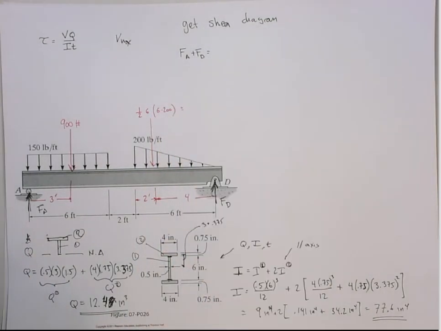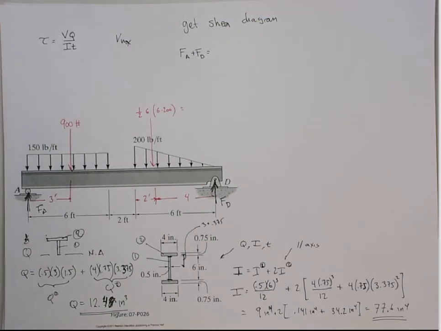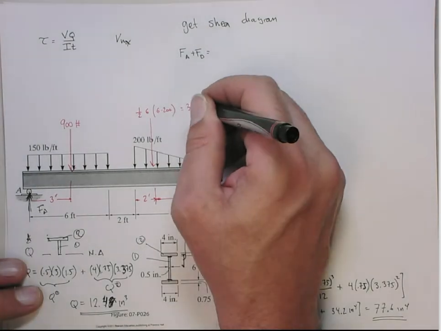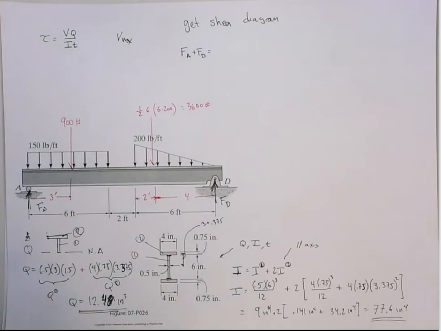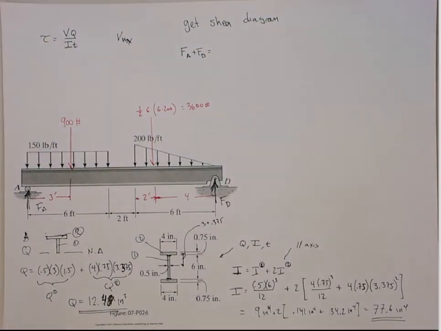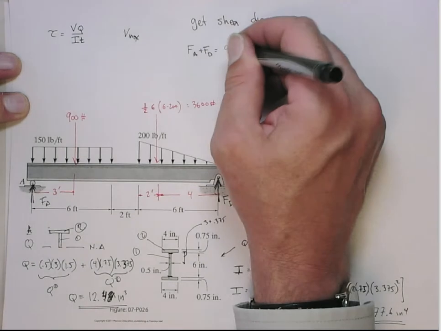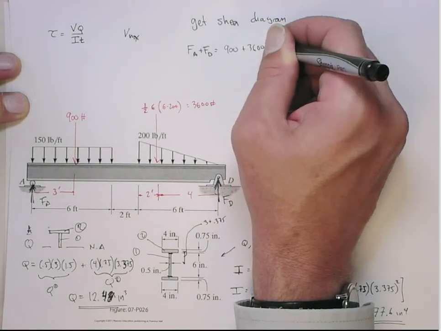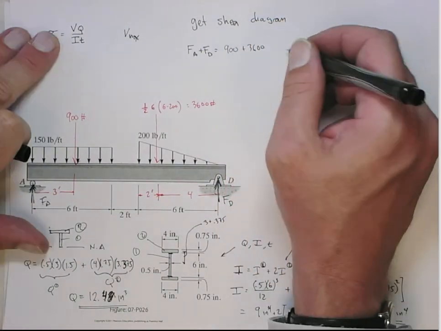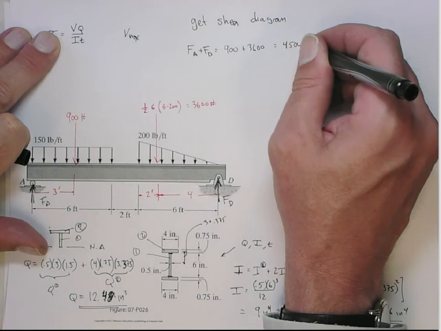So that gives me 3,600 pounds acting at that point. Okay? All right. So that means that these two forces are going to sum up. Those add together. They have to equal the 900 plus the 3,600, which is going to be 4,500 pounds.